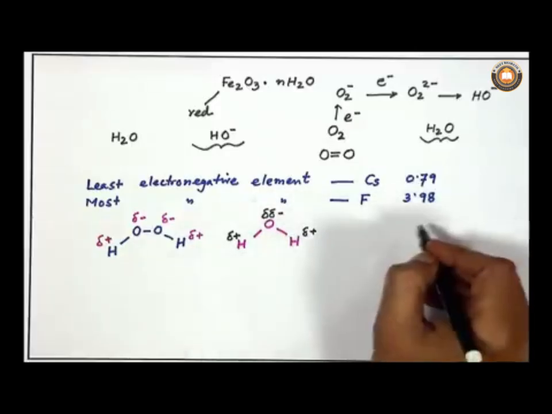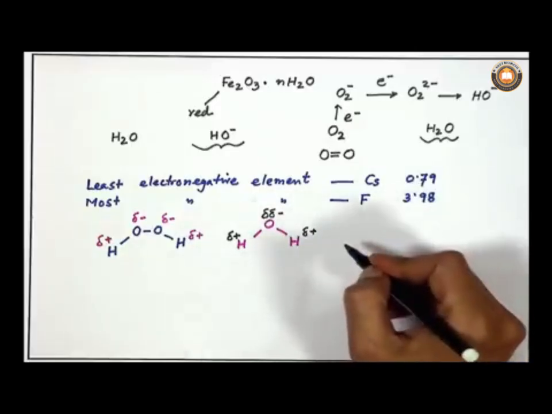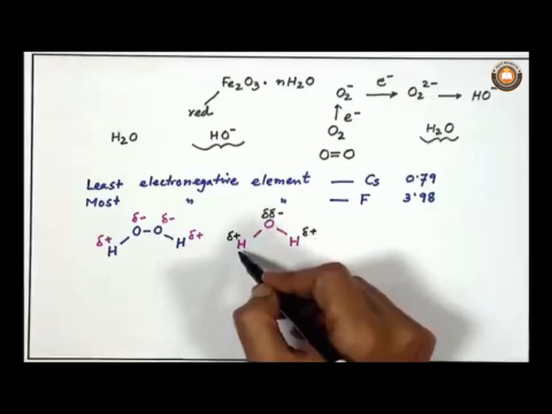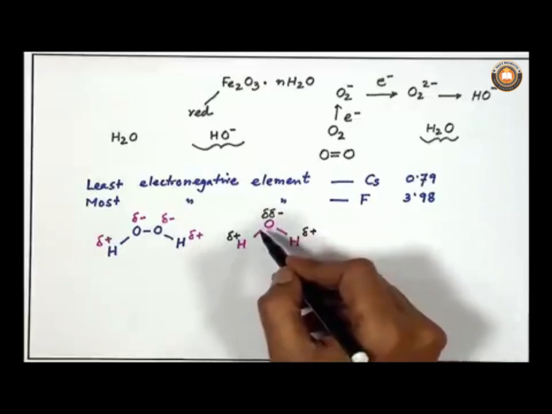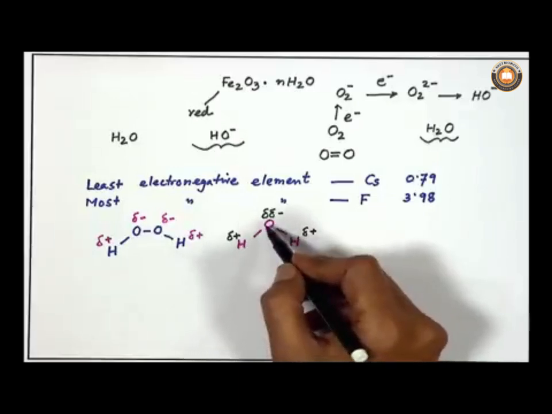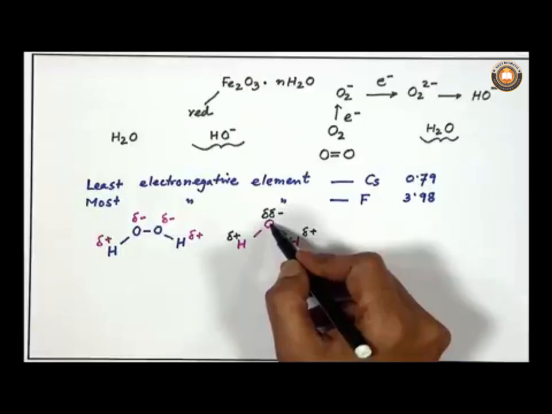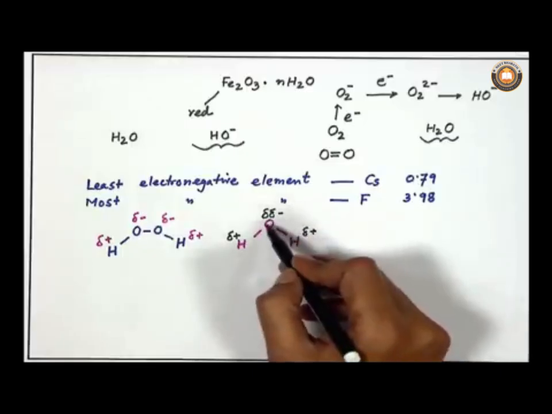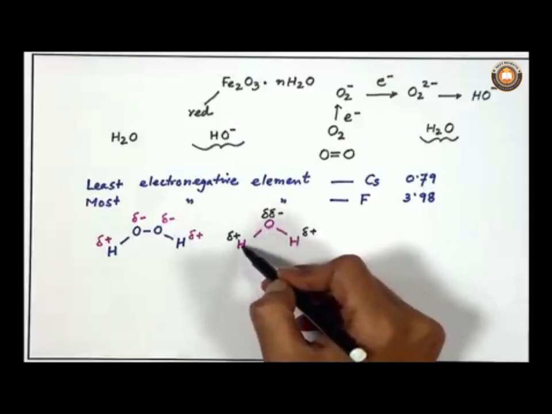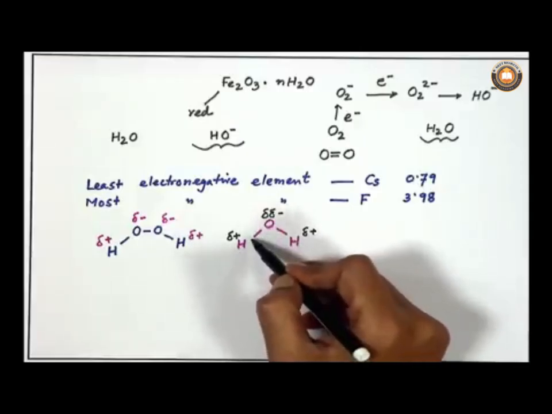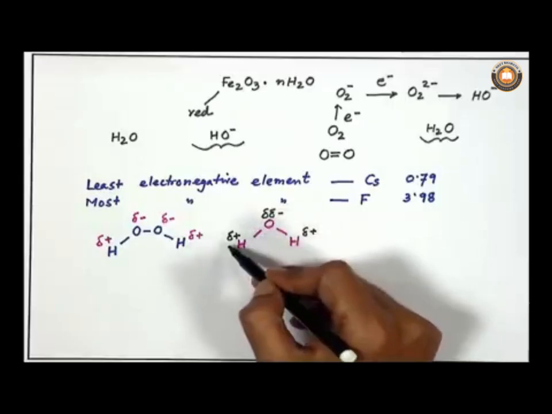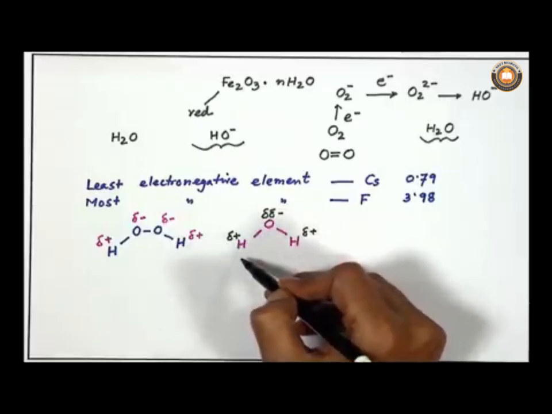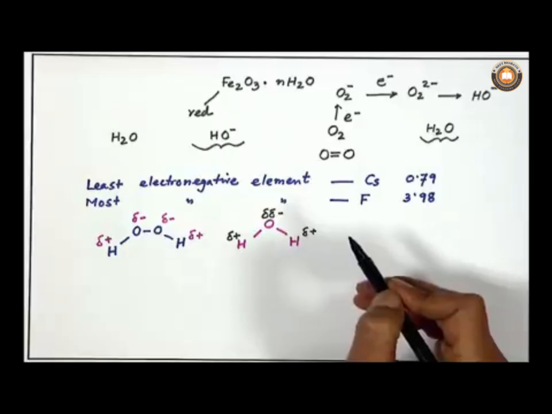So, these are typical covalent molecules where we have only partial charge due to the difference in the electronegativity values of these two elements. So, the electron pair which is holding these two atoms is shifted towards the oxygen side, that is why a negative charge is being developed. Since hydrogen is losing its share of this electron pair, a corresponding delta positive charge is developed on this hydrogen.